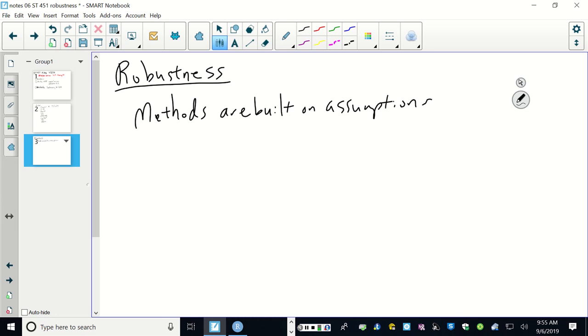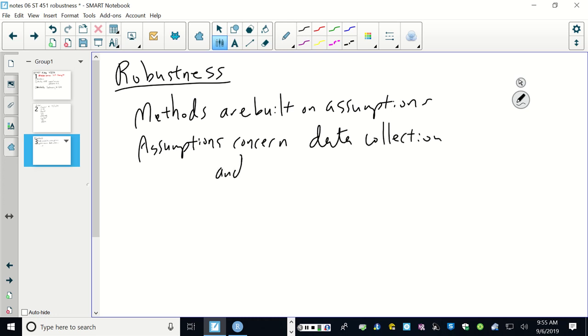And the assumptions that we have really concern data collection. On one hand, they concern data collection, and they can also concern the distributions of data. Many things about the shape of the distribution.